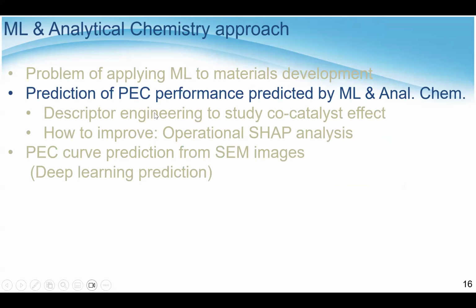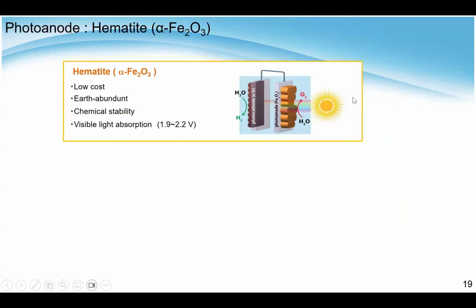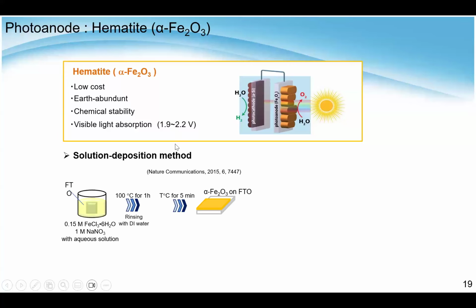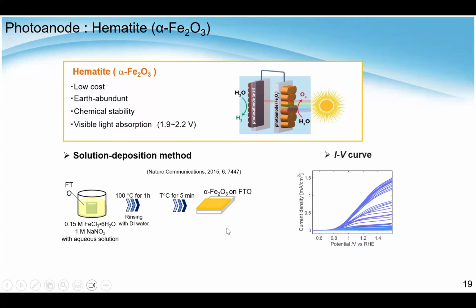Here we are going to show you our methodology to predict the performance by combination of machine learning and analytical chemistry. Here's hematite again, and hematite can be prepared by the solution deposition method.